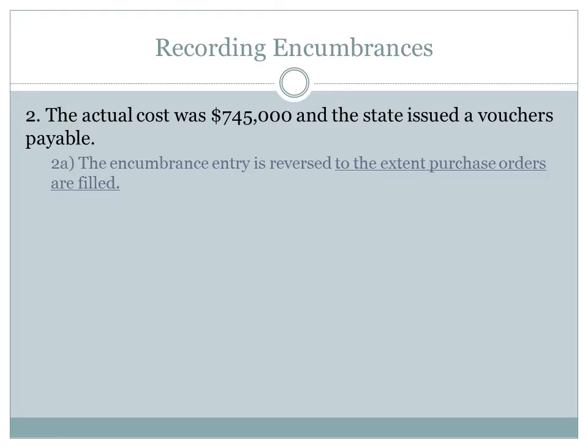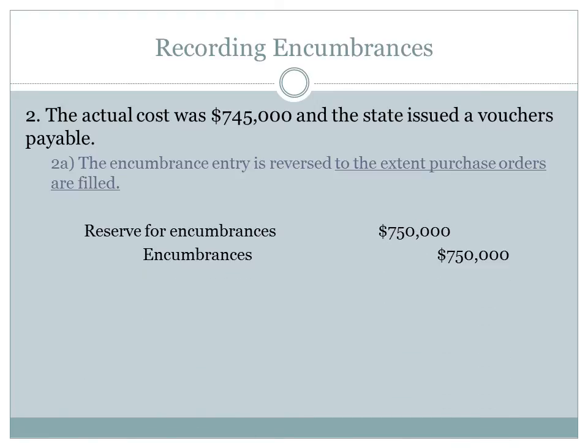The first part of this is that the original encumbrance entry is reversed to the extent that the purchase orders are filled. In this case, the entire purchase order was filled. It just happened to be $5,000 less. But we're going to reverse the original entry completely. So you'll notice there's a debit to Reserve for Encumbrances and a credit to encumbrances for the full $750,000 that was originally recorded.